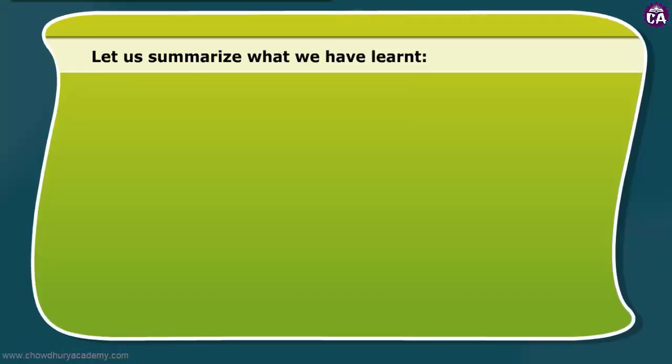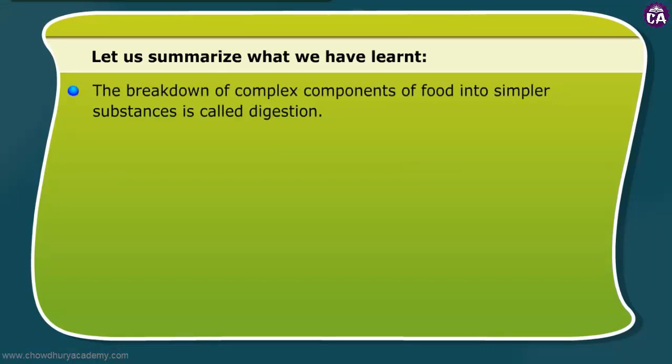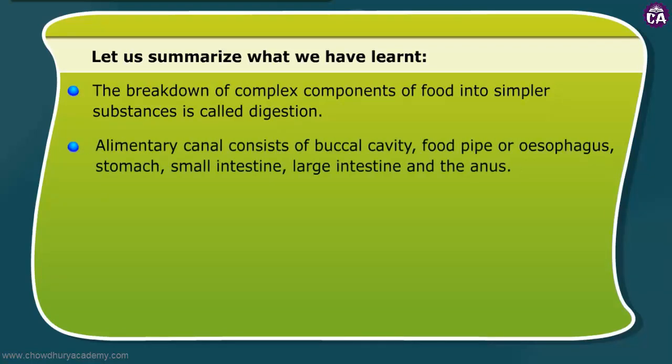Let us summarize what we have learned. The breakdown of complex components of food into simpler substances is called digestion. Alimentary canal consists of buccal cavity, food pipe or esophagus, stomach, small intestine, large intestine, and the anus.